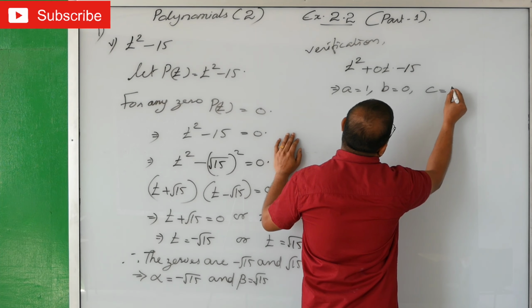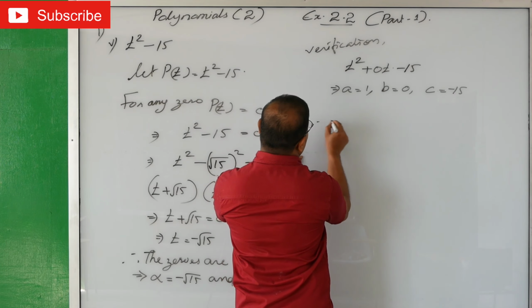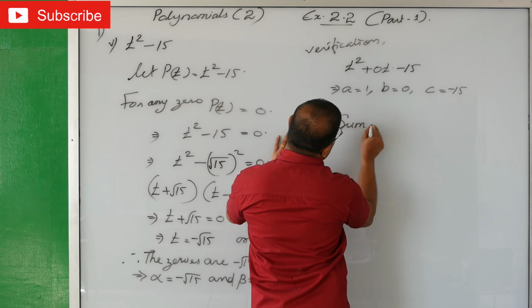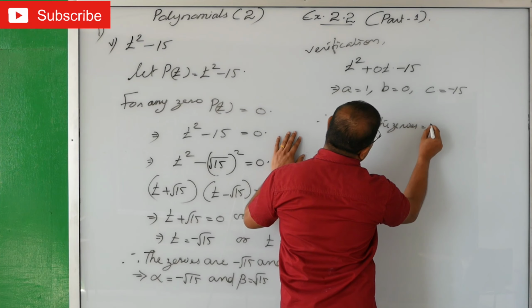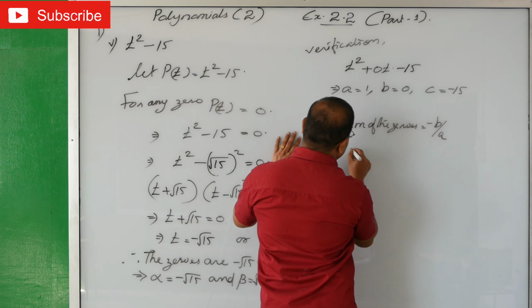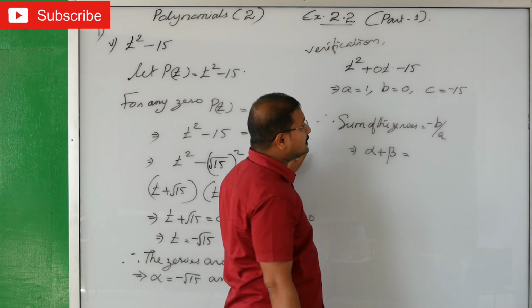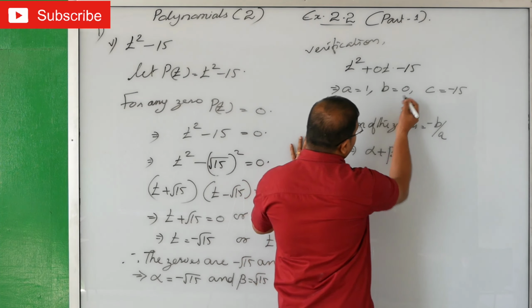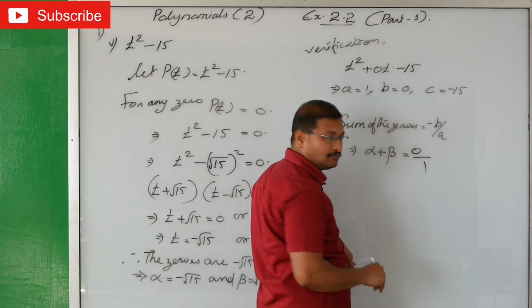And the constant is minus 15. Ready? Therefore, sum of the zeros equals minus b by a. Sum means alpha plus beta equals, what is the value of minus b? 0. That means minus 0, just you can write 0. 0 by a, which is 1.